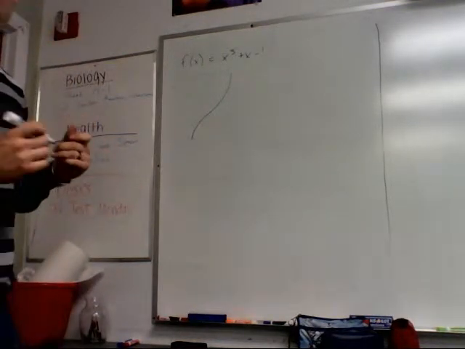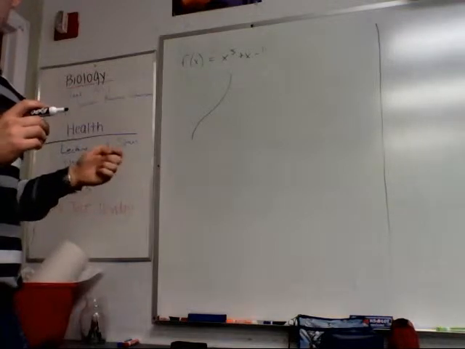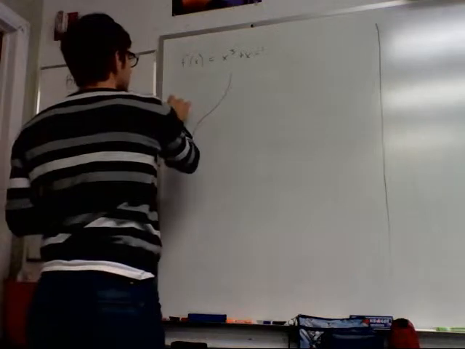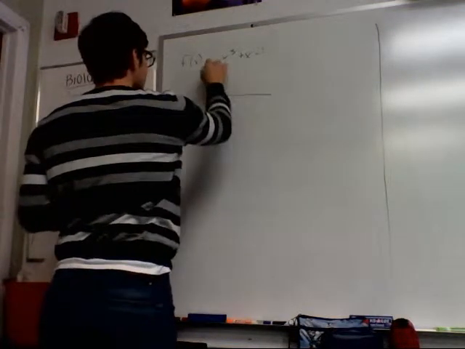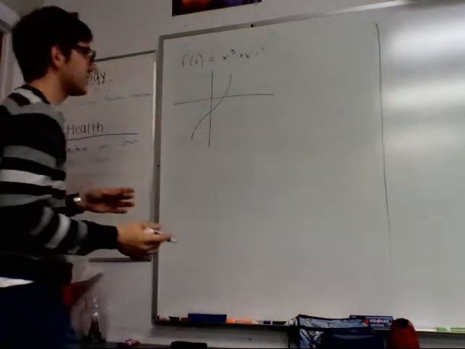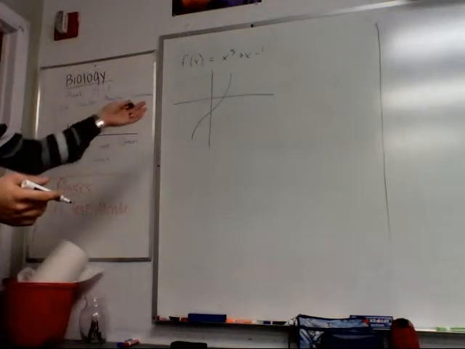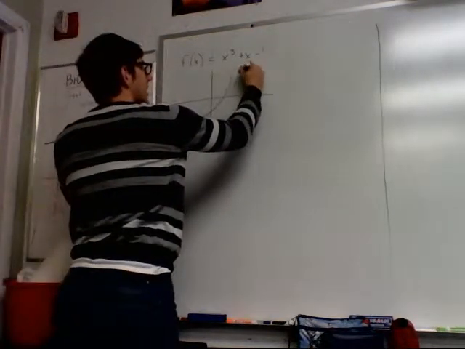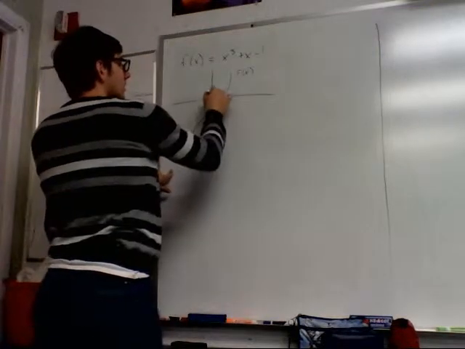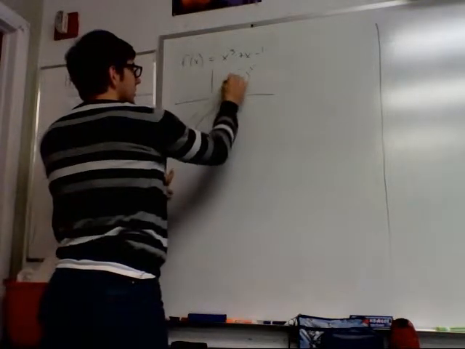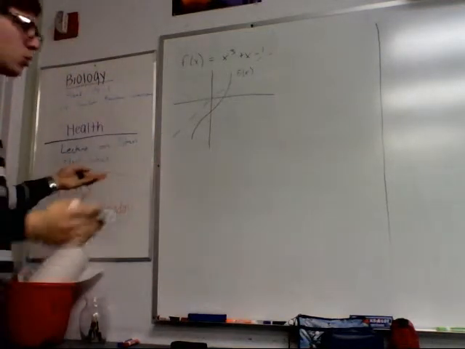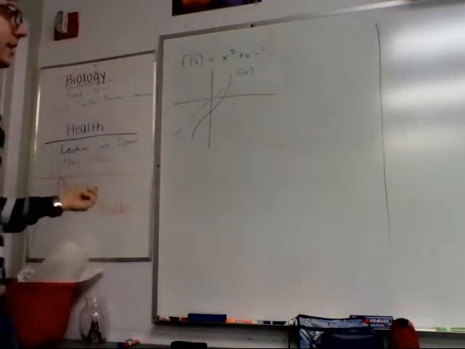Let's draw the axes here. Just bear with me, it probably isn't accurate. If this is f of x, we have a line here. That's the y equals x line, with a slope of just 1.